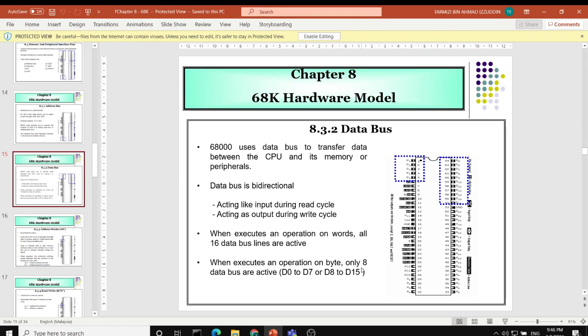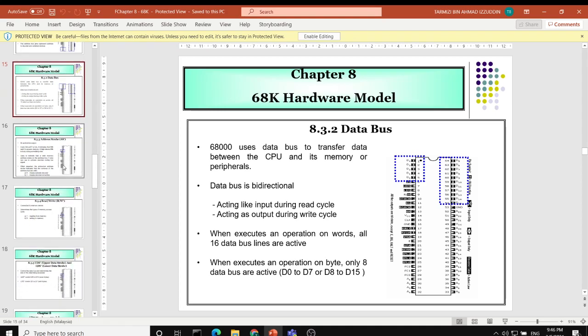Okay, a byte consists of 8 bits, so if you are only transferring 8 bits, you are only accessing 8 data bus lines. So that is what it means by when you execute an operation on byte, only 8 data bus lines are used. Whereas for a word, a word consists of 16 bits, so all of the 16 data bus lines are used.